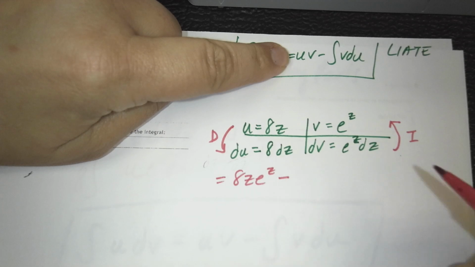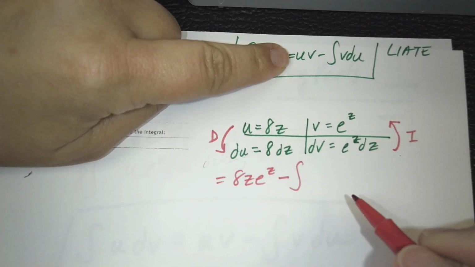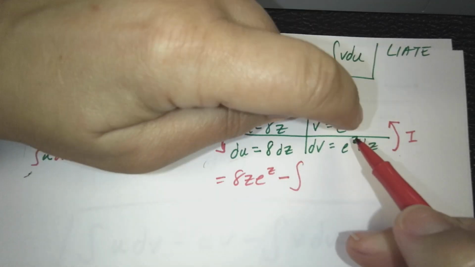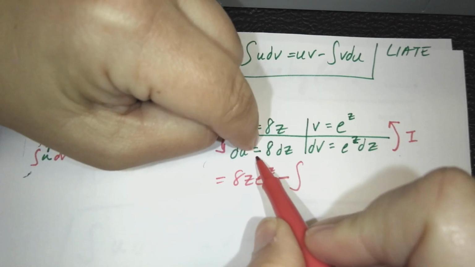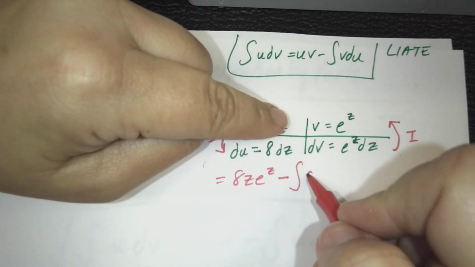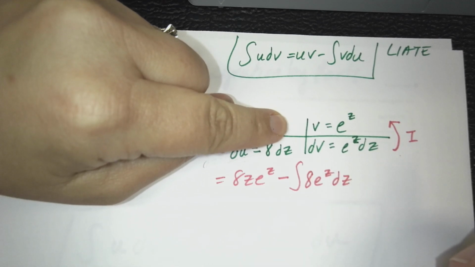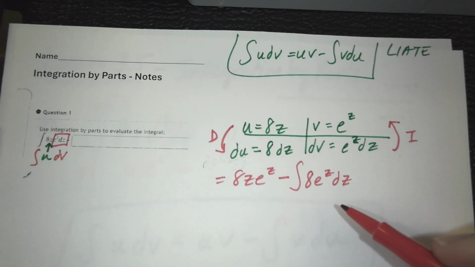Then you write minus, then you make an integral sign and integrate v times du. In my chart, v is e^z, and du is 8 dz. I like it with the number in front, so I'm going to write 8 e^z dz. Once you write it like this, you're going to have to integrate again.